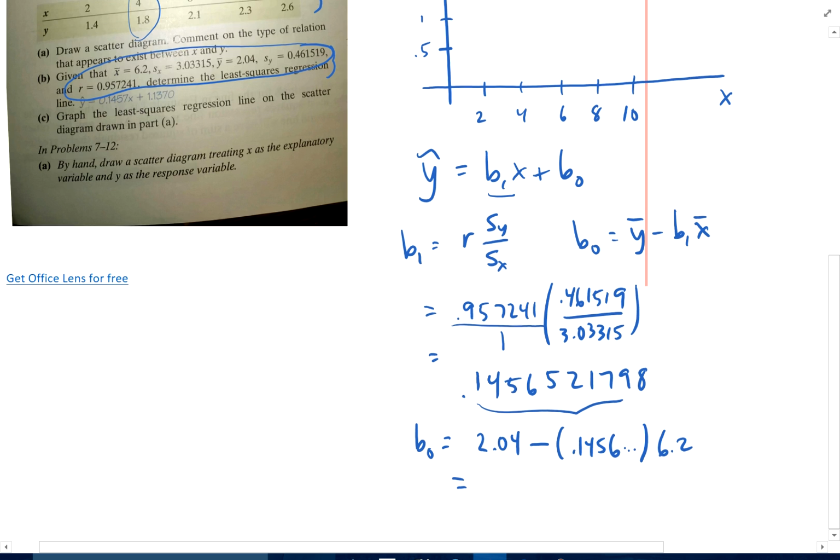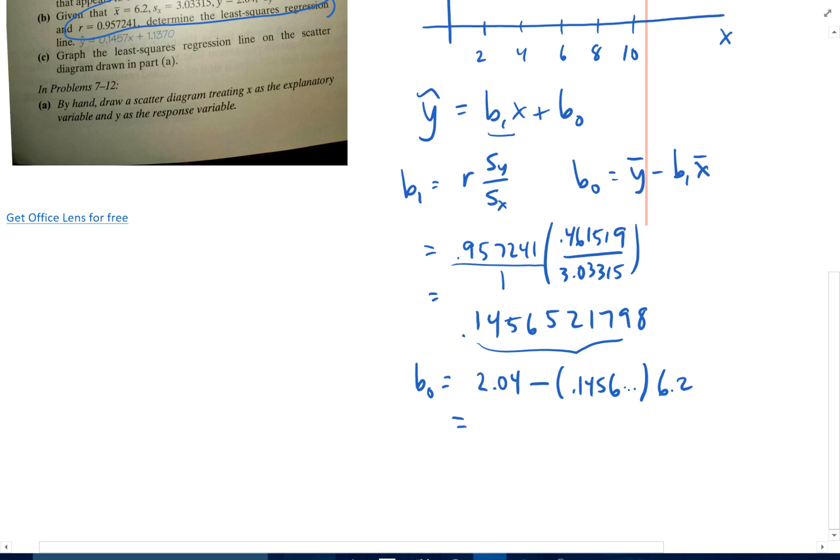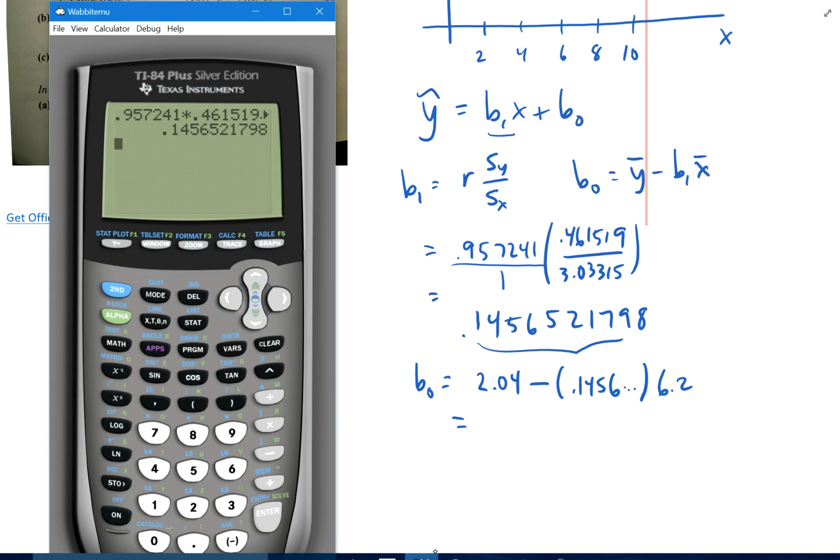So watch what I'm going to do on my calculator here. I'm going to put 2.04 minus, and I want this whole answer here, 0.1456. I don't want to round it off, so I'm going to go second answer. So that puts that number in, times 6.2. That way I get the full answer, and I can round it at the very end.